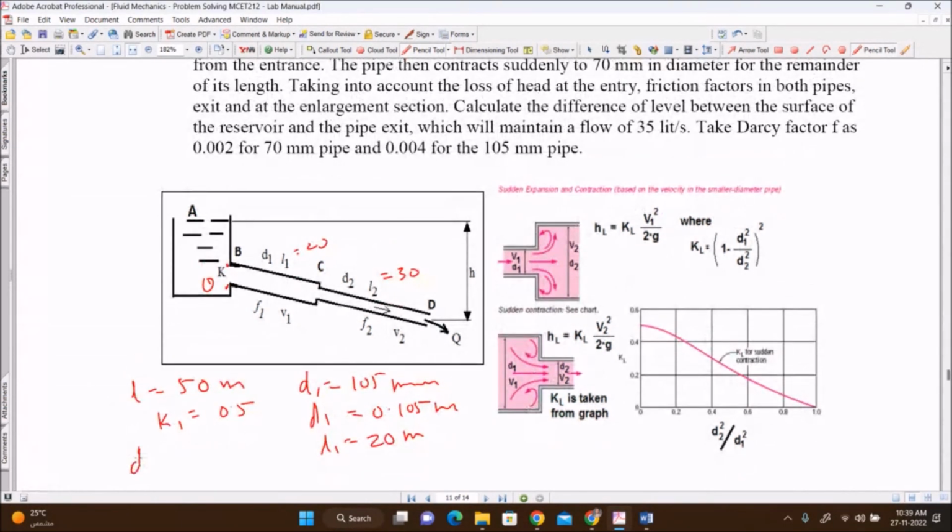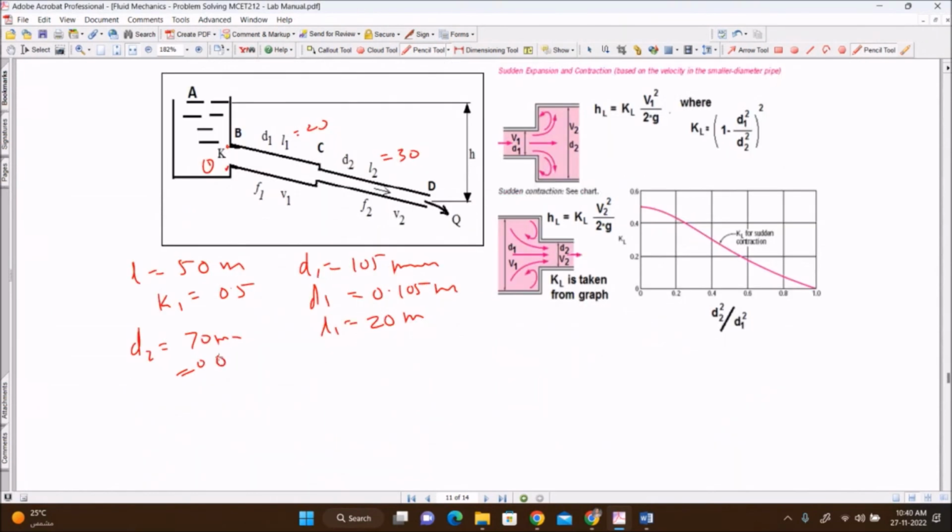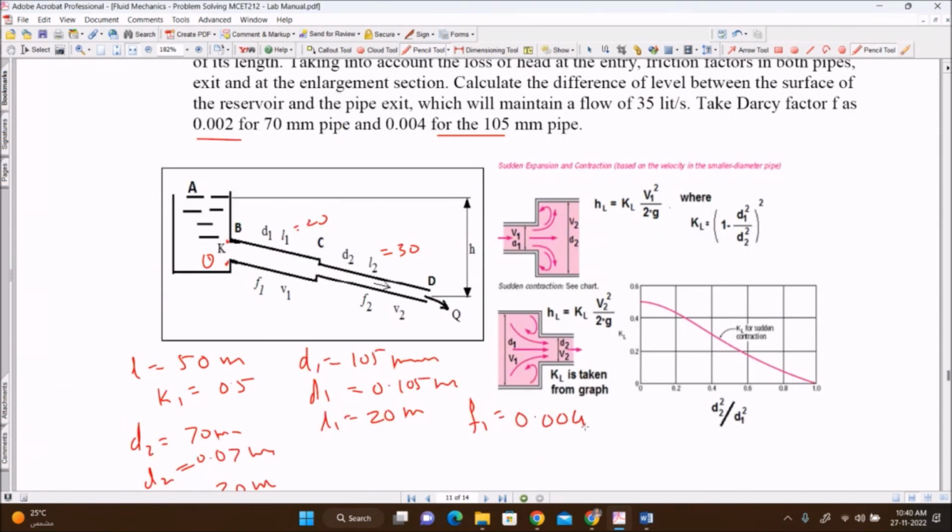So D2 is 70 millimeter, 0.07 meter, and L2 is equal to 30 meter. The friction factors are given: F1 is equal to 0.004 and F2 is 0.002. So this is pipe number 1 and pipe number 2. So the data is written there.